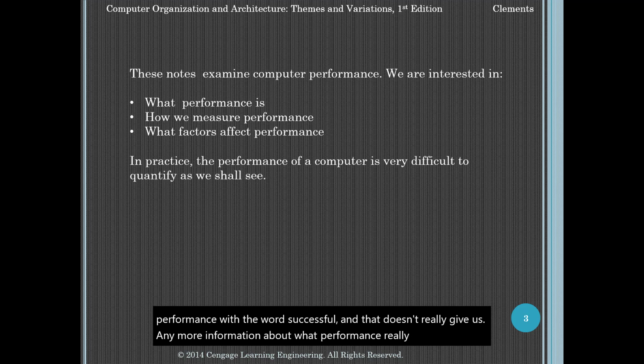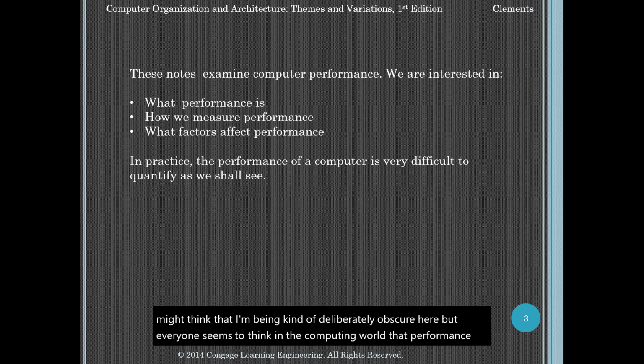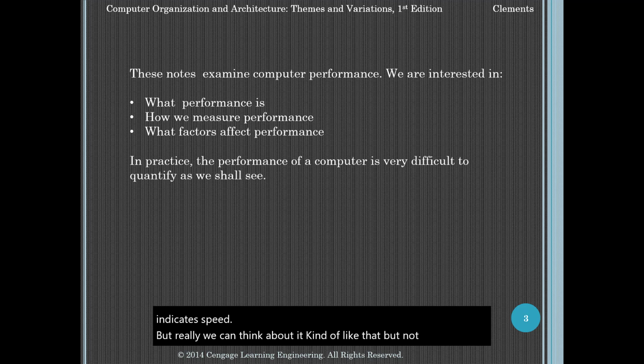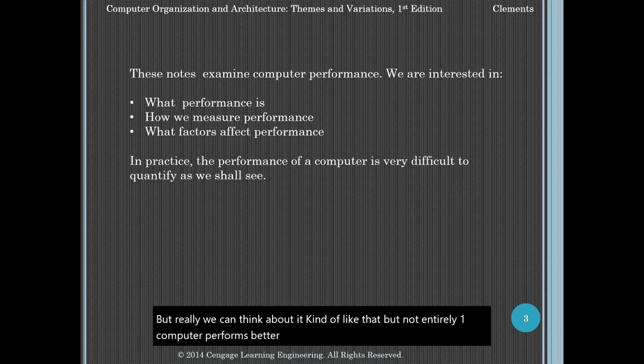You might think that I'm being deliberately obscure here, but everyone in the computing world seems to think that performance indicates speed. We can think about it like that, but not entirely. One computer performs better than another if it's faster, but it's not really as simple as that.